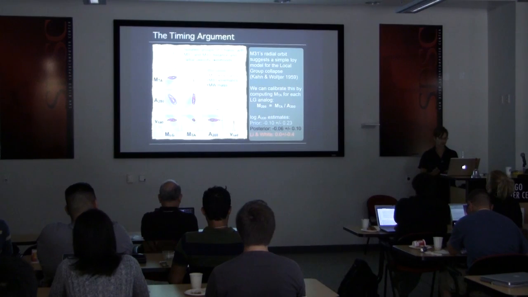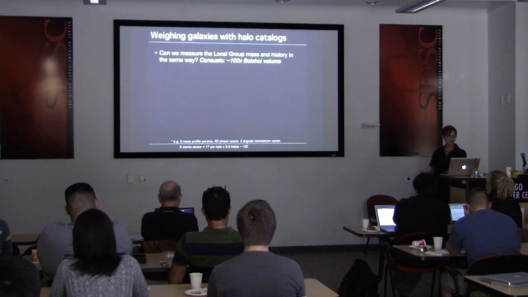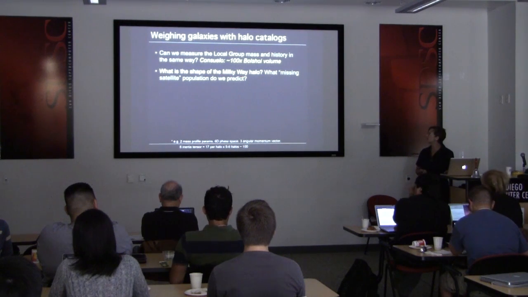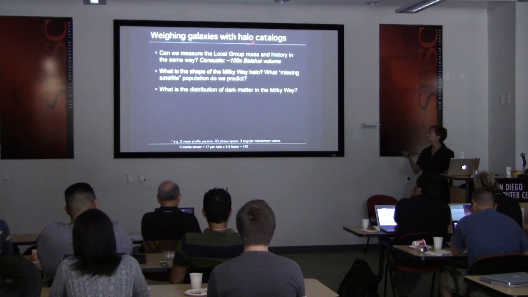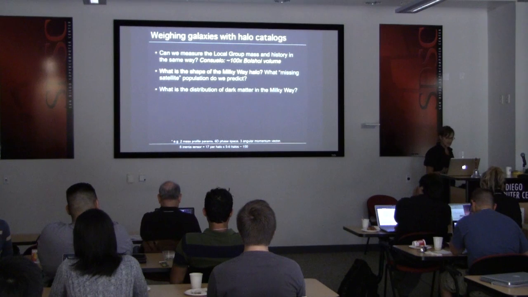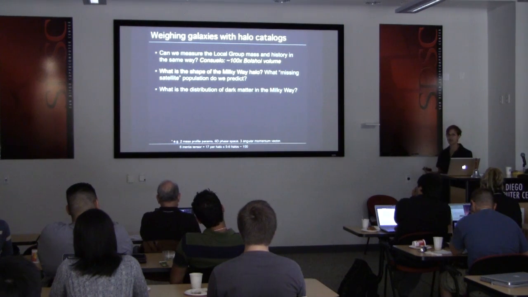Okay, so there's lots of other things you could imagine doing. What is the shape of the Milky Way halo? What are the lower mass satellites? What is the distribution of dark matter in the Milky Way? But there are these technical problems that in order to do this, you really need a very large volume.